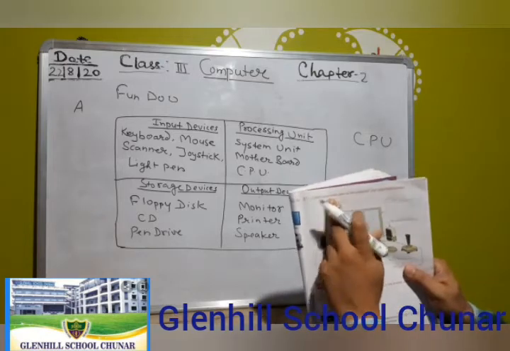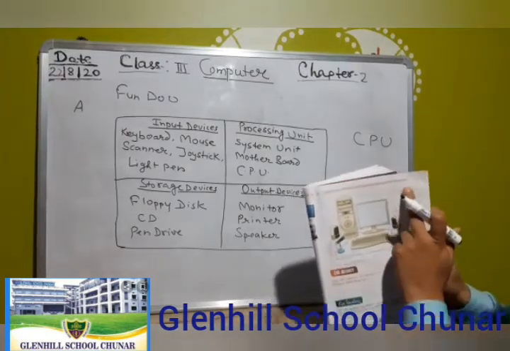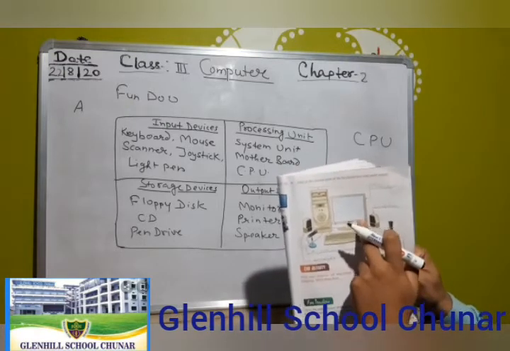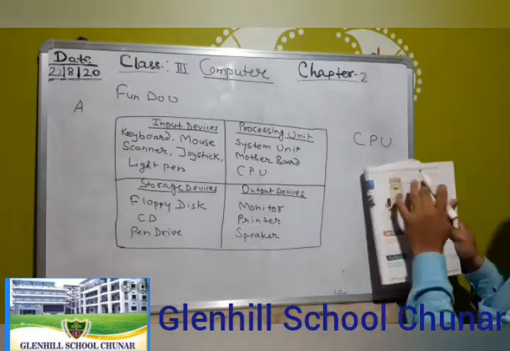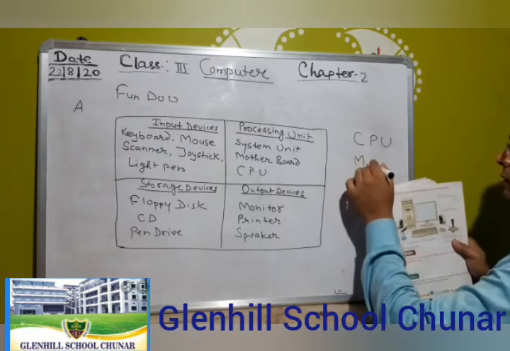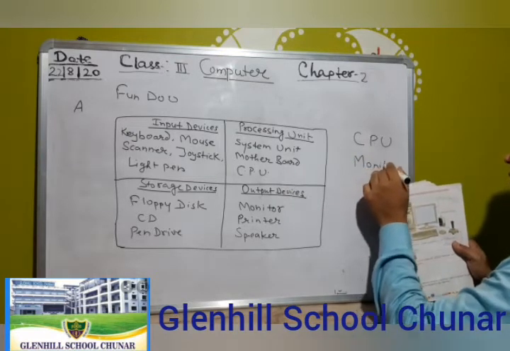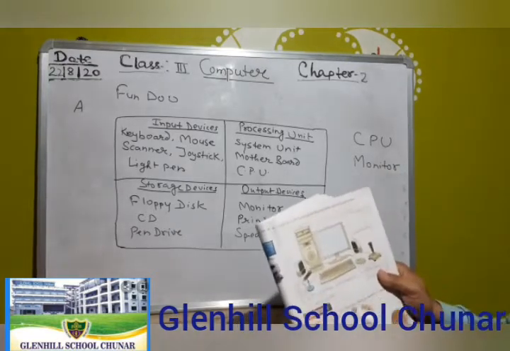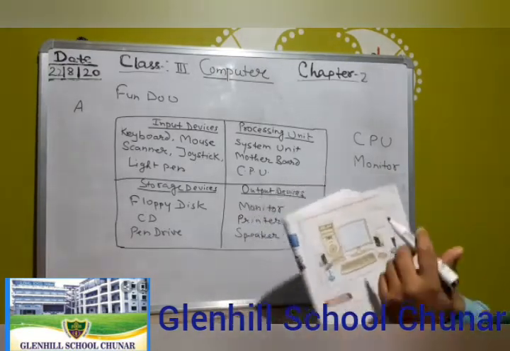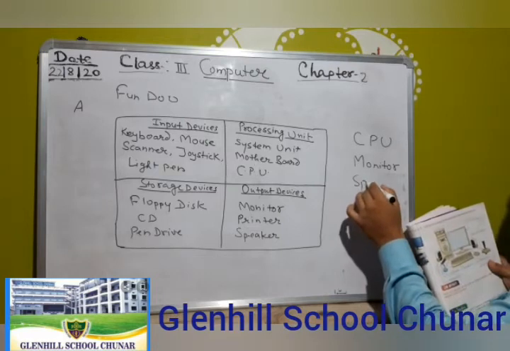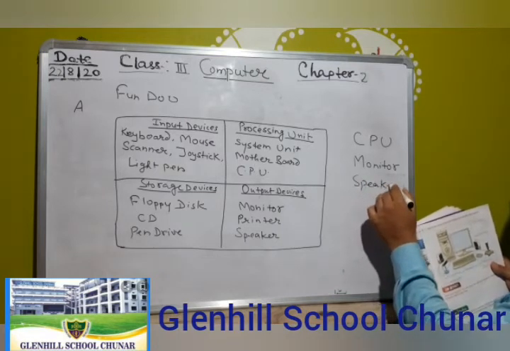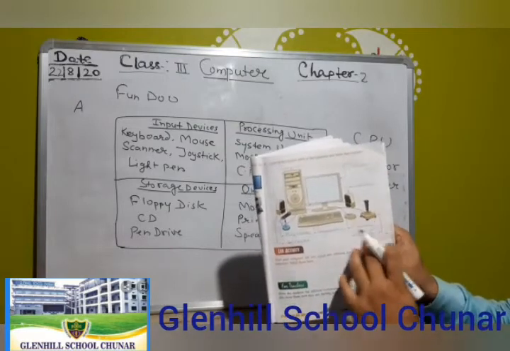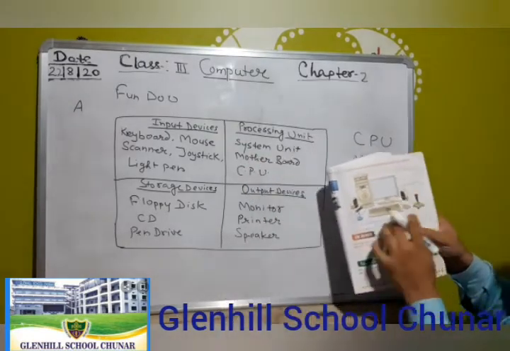Okay, so you fill in CPU here, and here at the top, monitor. This line indicates that diagram. So the name of this diagram is monitor. Okay, and here speaker. And then after this one is joystick.